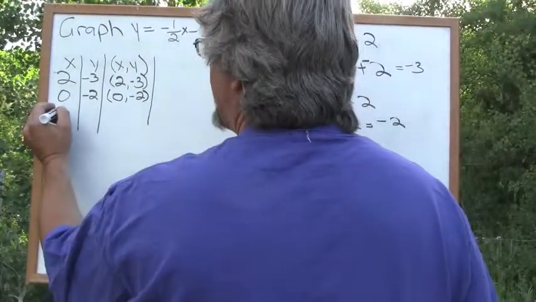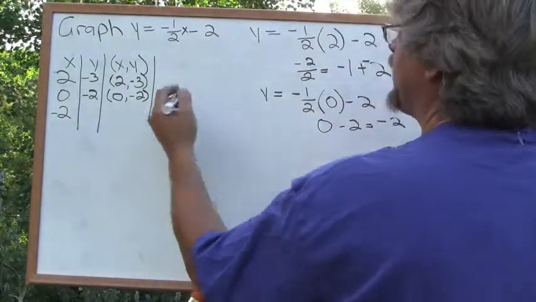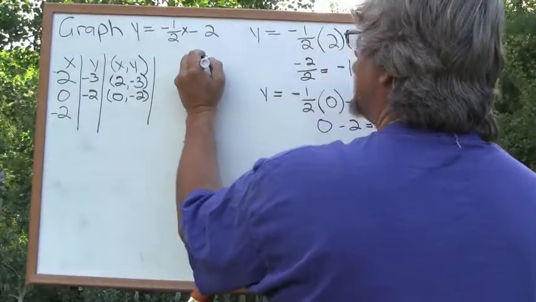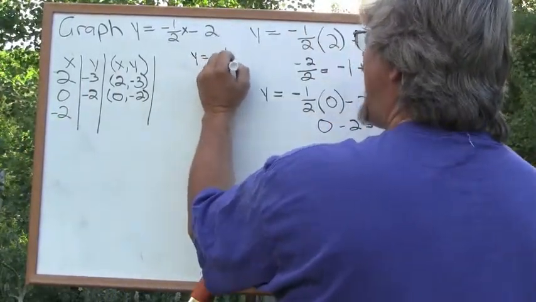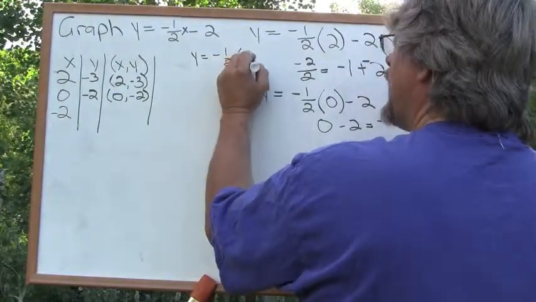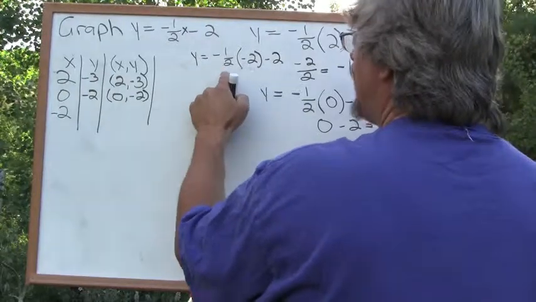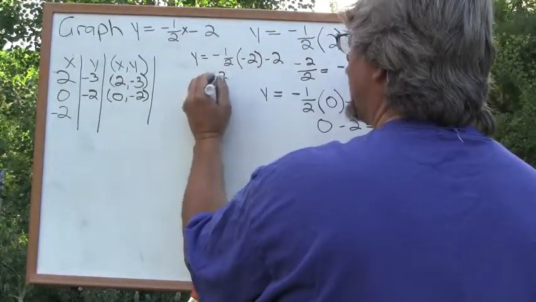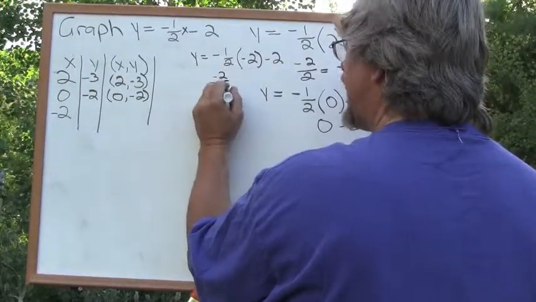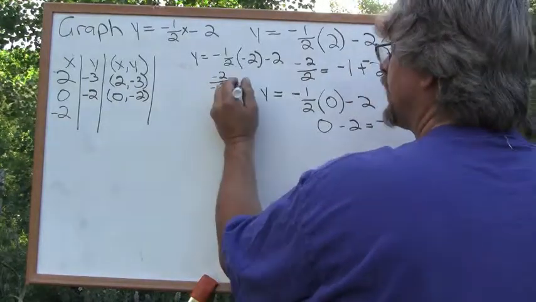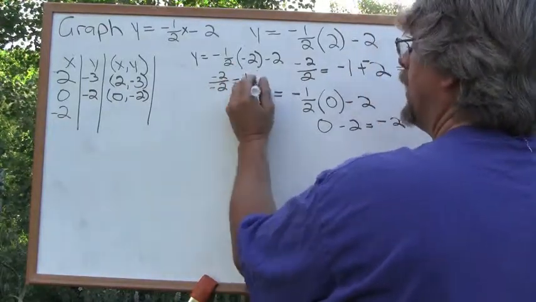Now when we choose negative 2 for x, this says y equals negative 1/2 times negative 2 minus 2. Negative 1/2 times negative 2 is negative 2 over negative 2, which simply equals 1.